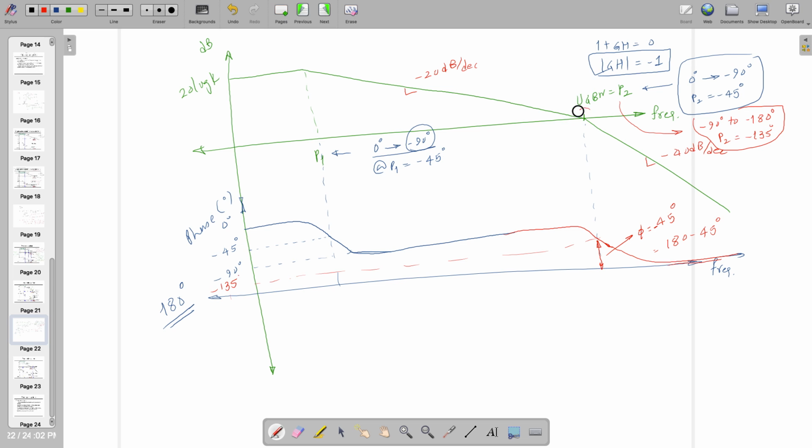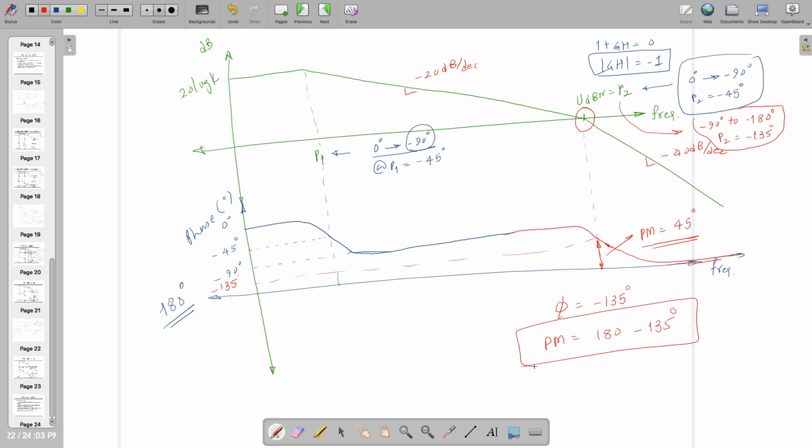So at UGBW, if you measure this, the phase margin is equal to 45 degree, because the phase contribution is minus 135 degree and I need to measure with respect to 180 degree, so this becomes 45.